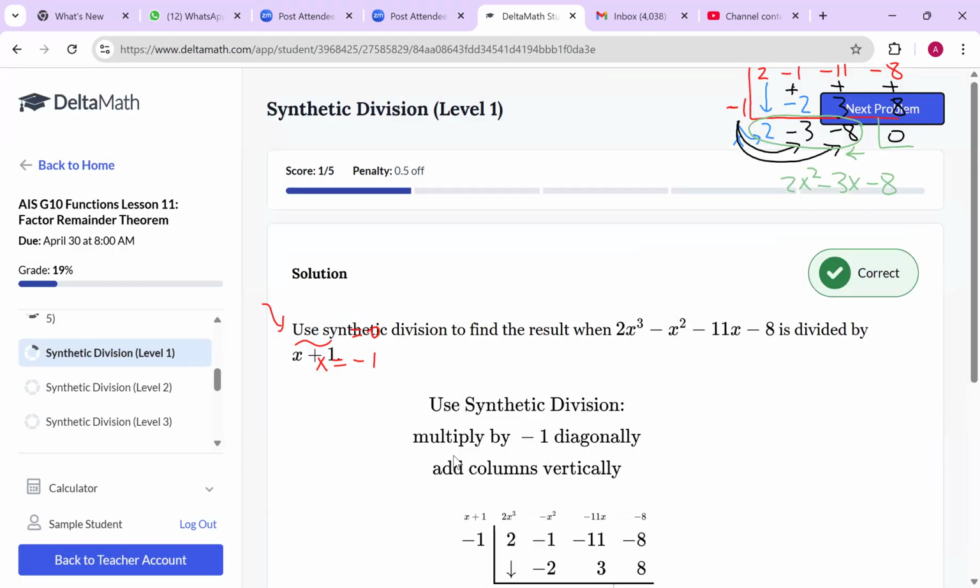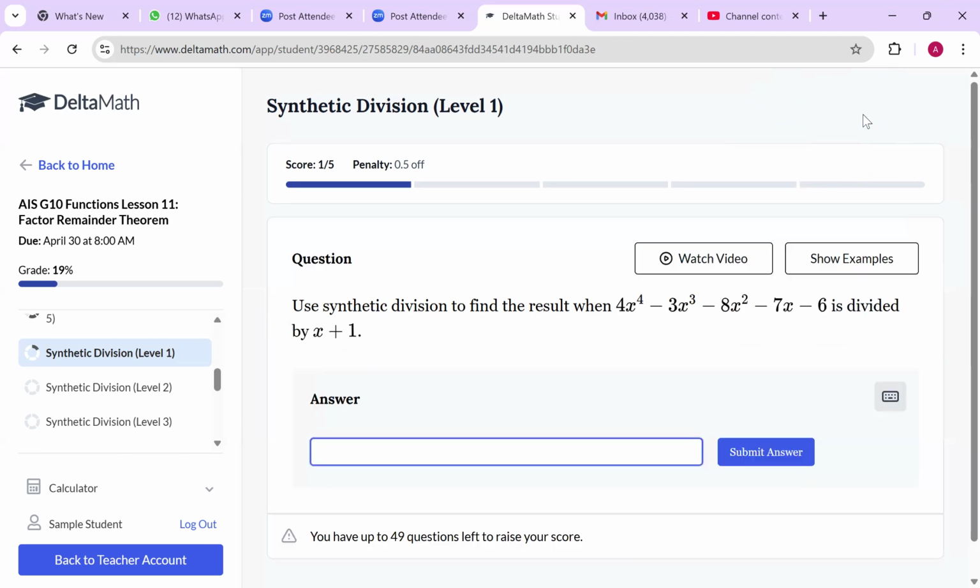Let's try another problem. So again, we draw the L shape, and we write the coefficients down. So 4, -3, -8, -7, -6. And outside, we're going to write -1. This is because if we solve this equal to 0, we take this over there, we get x equals -1.